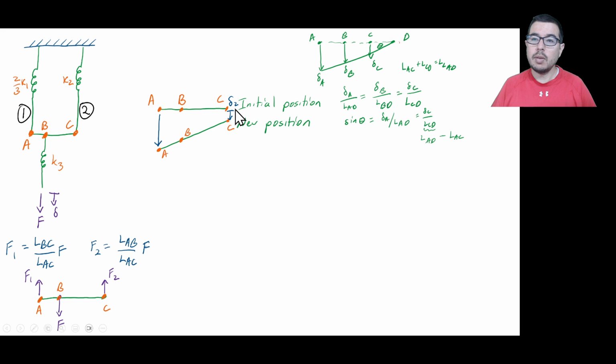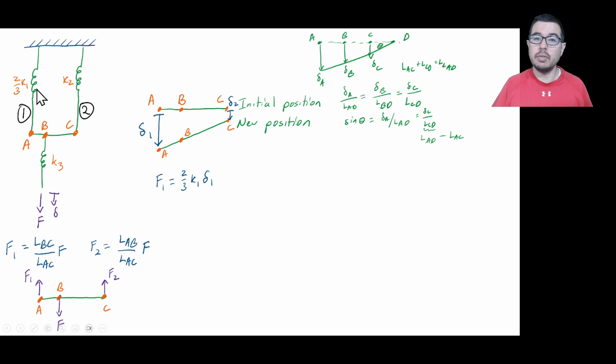And let's say that we have a delta 2 to describe this displacement of C and a delta 1 to describe this displacement A, and that notation lines up with what we're saying here, that this is going to be the 1 branch and this is going to be the 2 branch. We can recall from our understanding of F equals K delta for a bar.